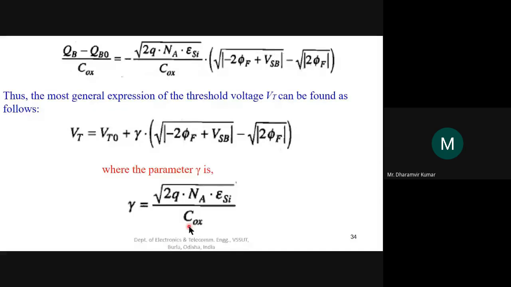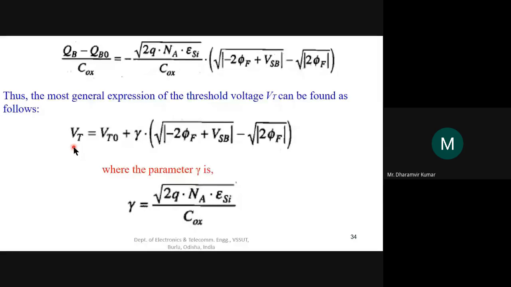So look at this equation, and we can find out the dependence of the threshold voltage on the parameters. So what about the doping density?